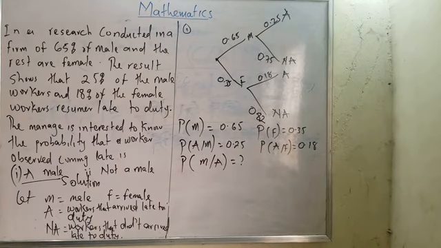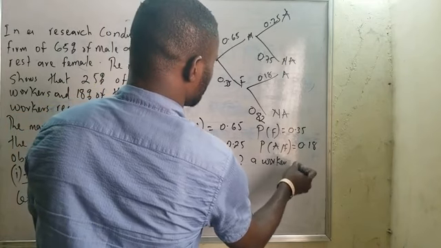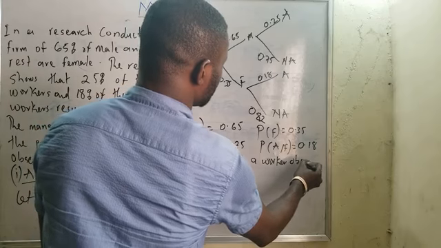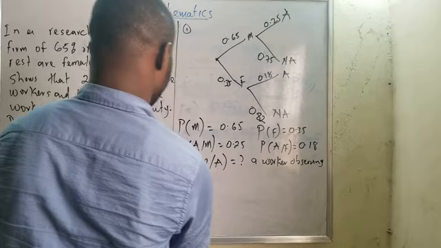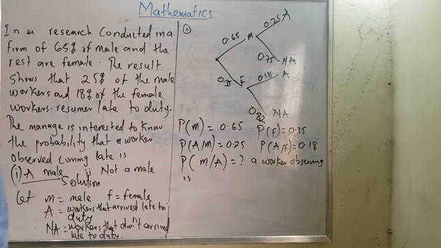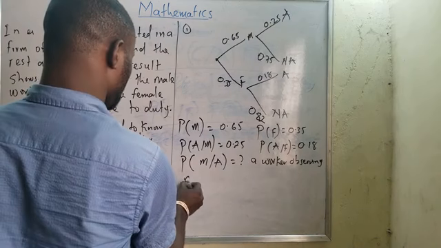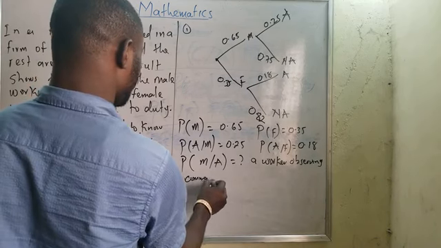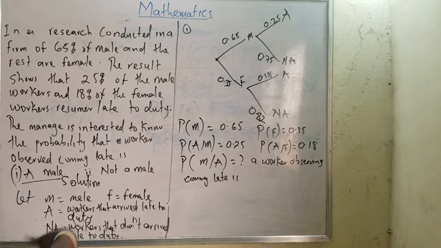I don't know it. That is what the question is asking me for: a worker observed coming late is male.